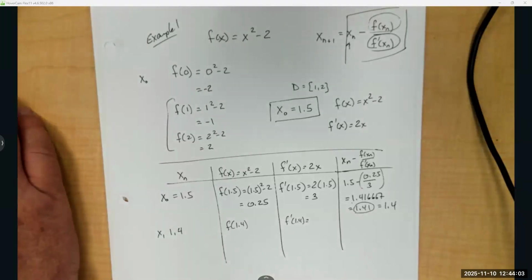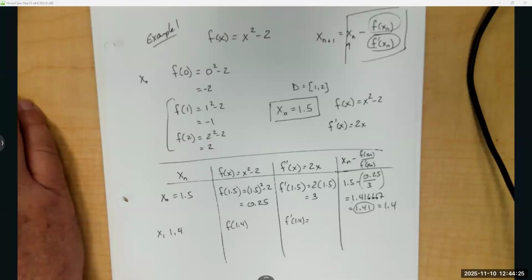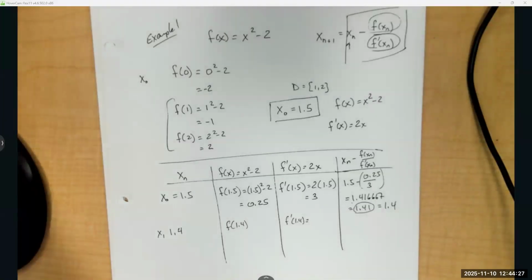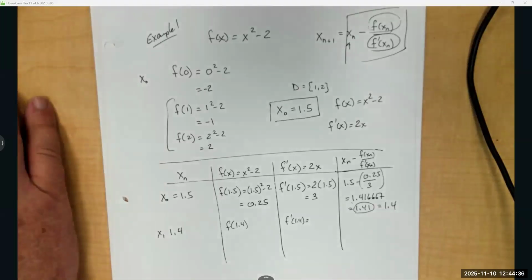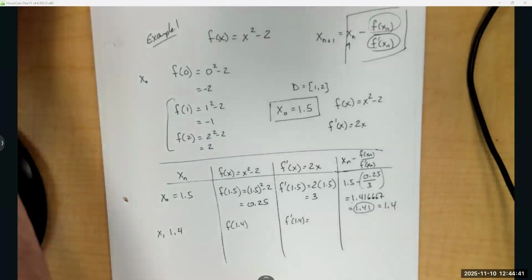So I take that value. What is 1.4 squared minus 2?